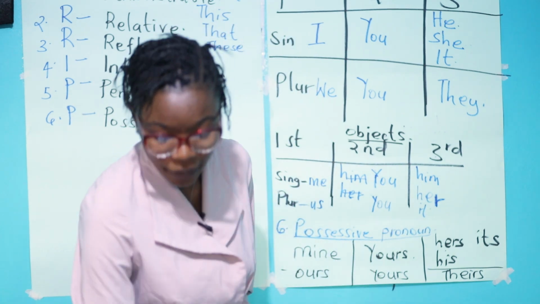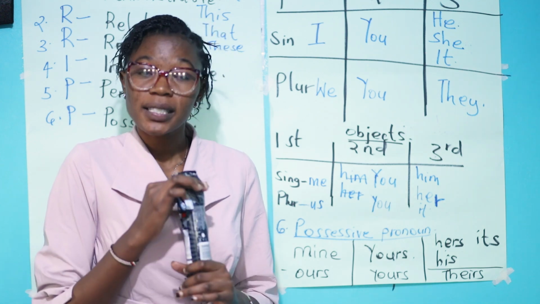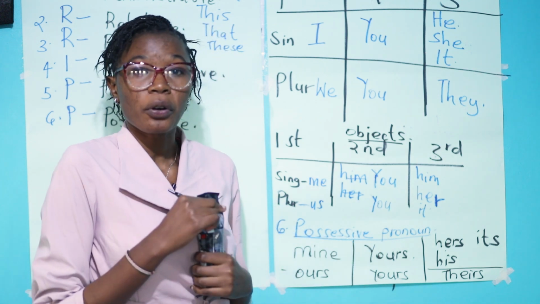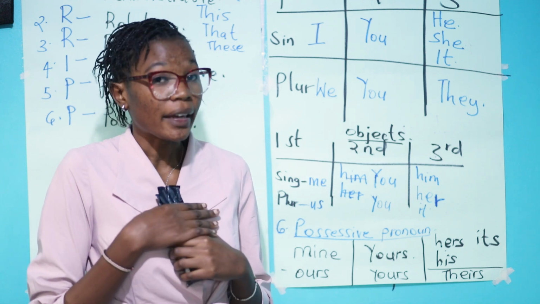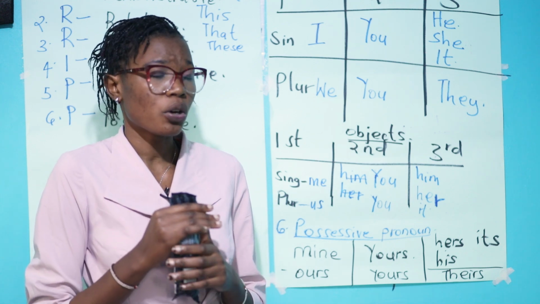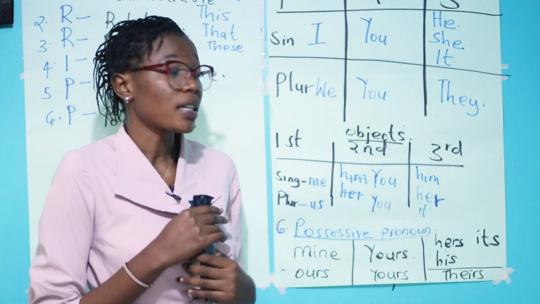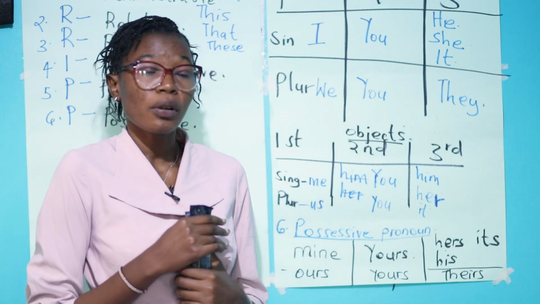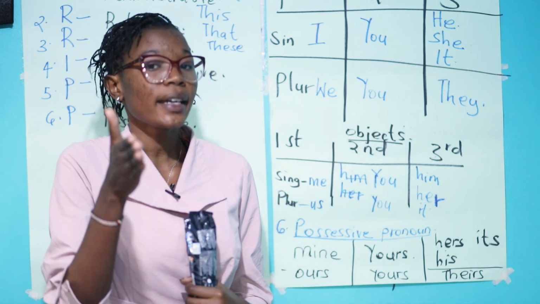Let us now use them in sentences. I will say, the packet of biscuit belongs to me. Under possessive pronoun, I will say, the packet of biscuit is mine. If the packet of biscuit belongs to you, I will say, the packet of biscuit is yours. If it belongs to him, the packet of biscuit is his.